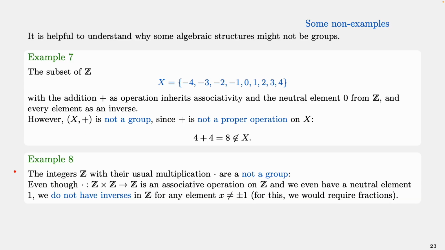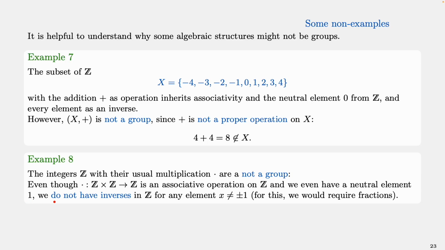The next example, let's look again at the integers, but now we look at the multiplication. And together with the multiplication, the integers are not a group. Why is that? Clearly, the multiplication is an associative operation on Z, and we have a neutral element, namely the element 1. So if we multiply anything by 1, we get the same element again.